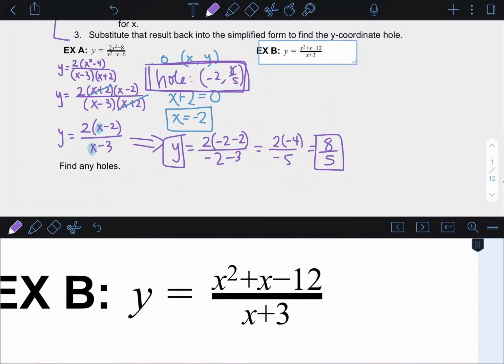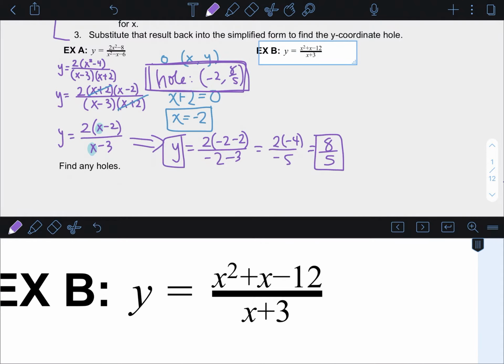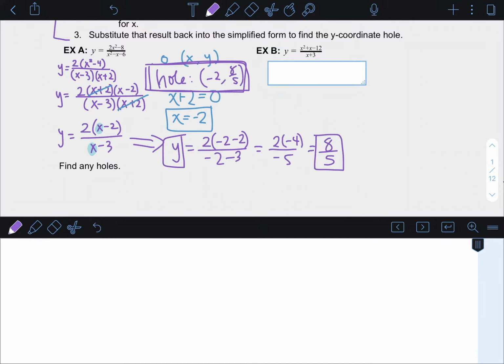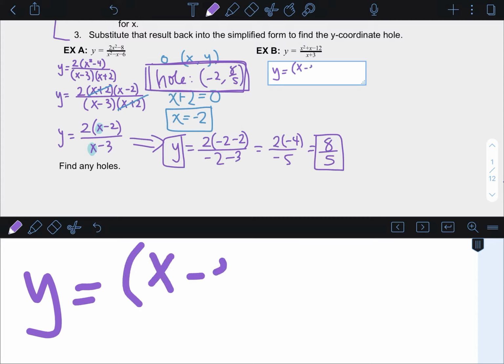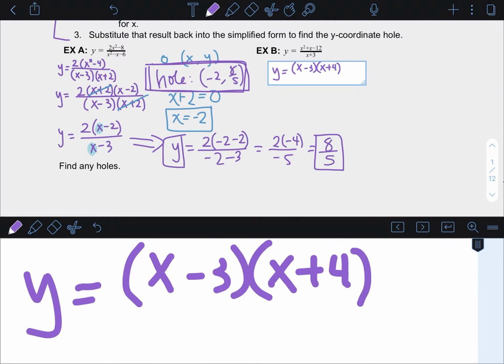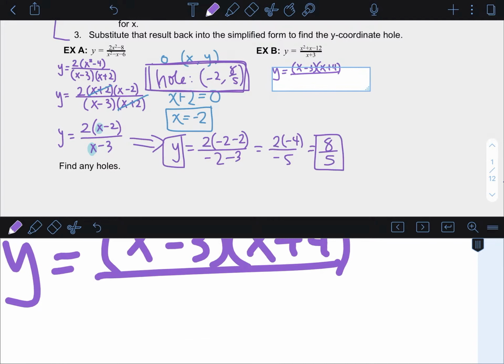We'll do another example here. x squared plus x minus 12 divided by x plus 3. Like in the first problem, the first step is to factor. So I am going to break down x squared plus x minus 12 to x minus 3 times x plus 4, and that's all divided by x plus 3, because I can't really factor that any further.